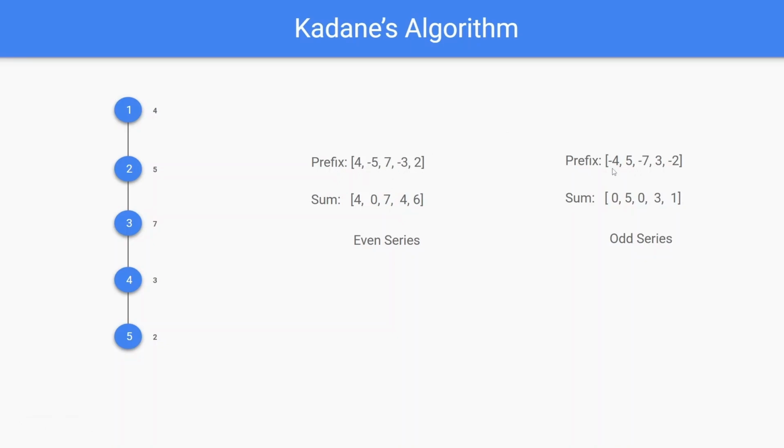Here it is flipped: minus 4, 5, minus 7, 3, and minus 2. So you have to carry two different series, right? The even series will help those nodes which are at even distances, and the odd series will help those which are at odd distances. For example, for the even series, for node 1, the result is actually 4. This is the prefix sum, the maximum suffix sum from the root to a certain node, right?